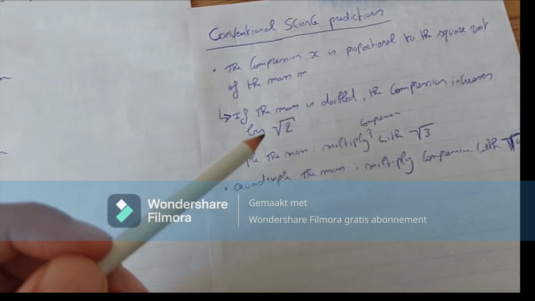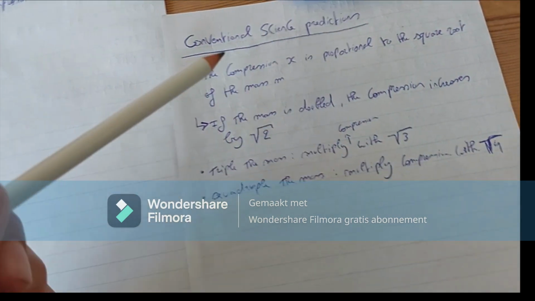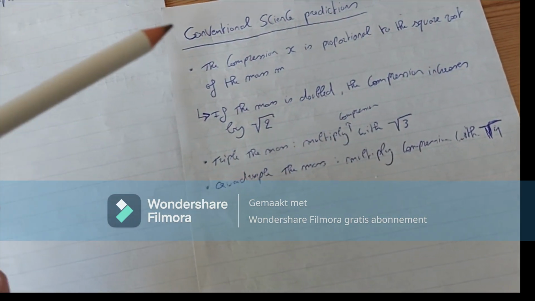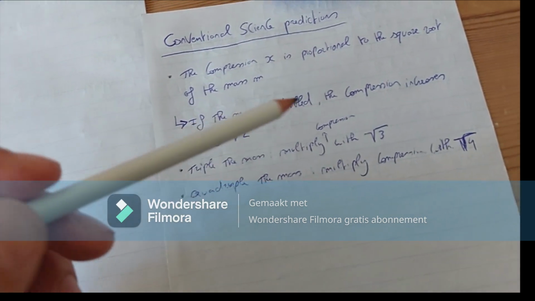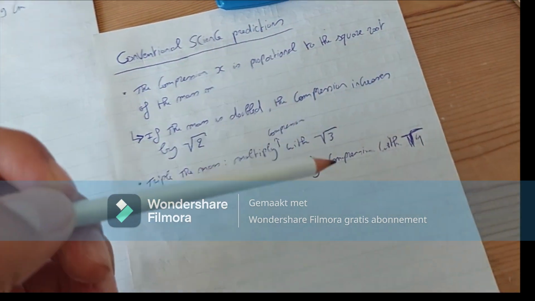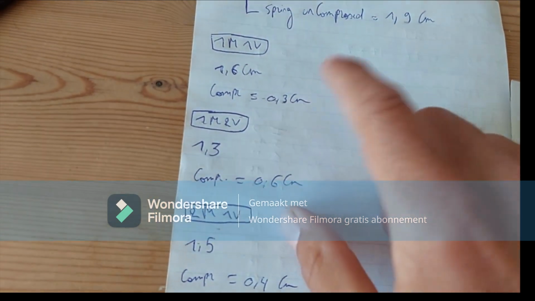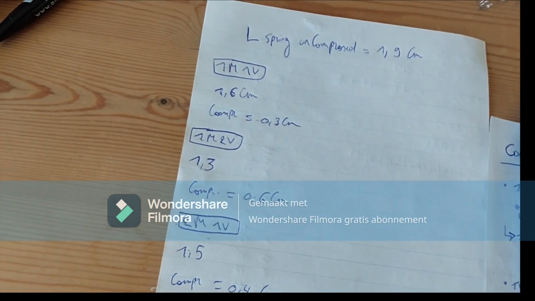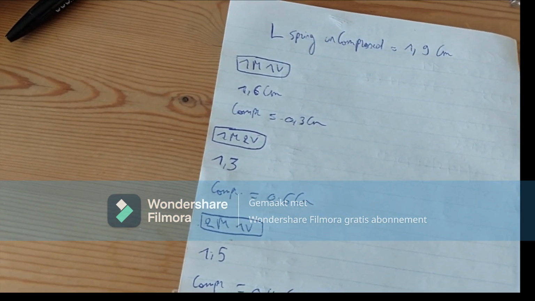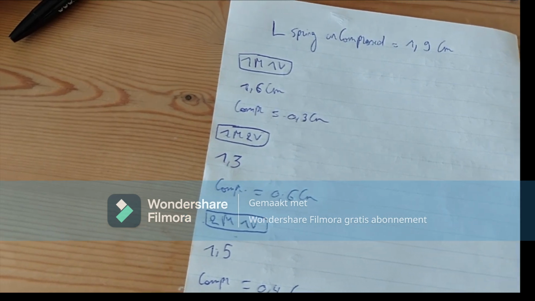If we triple the mass, we have to multiply the initial compression with the square root of 3. If we quadruple the mass, we have to multiply the initial compression with the square root of 4, etc. So the initial compression is 0.3, and the square root of 2 is 1.41.